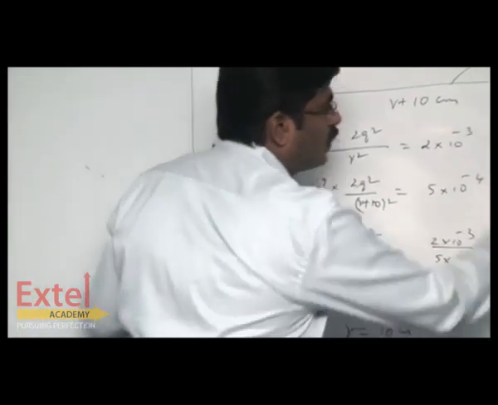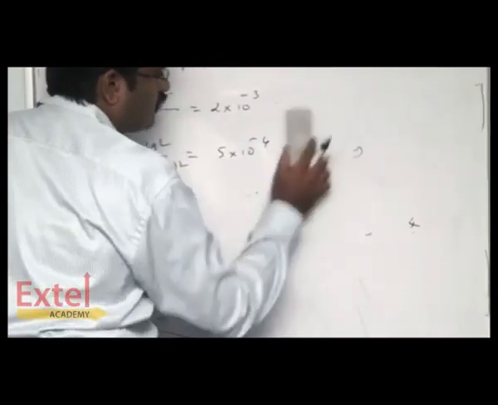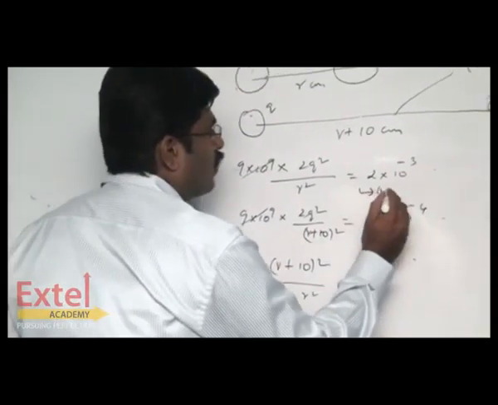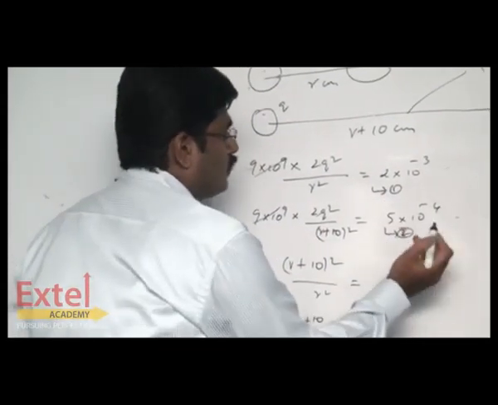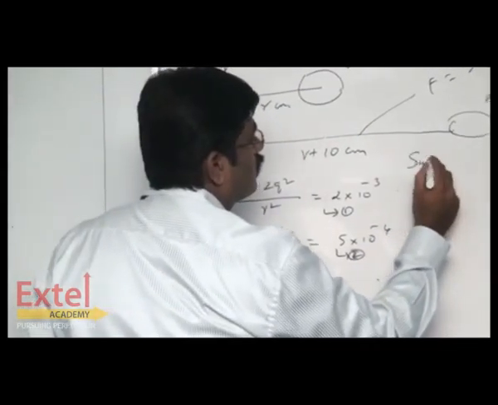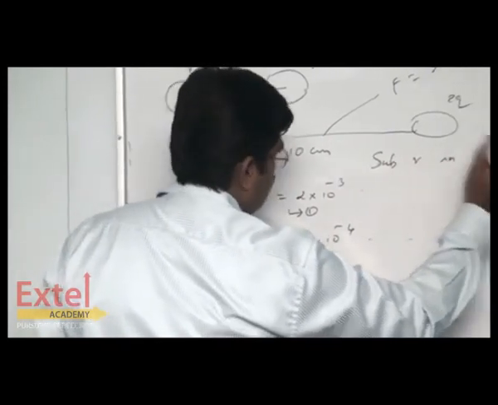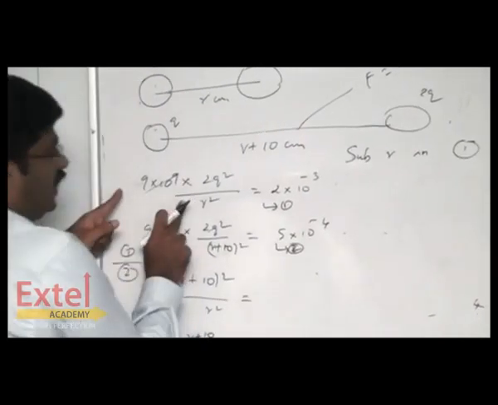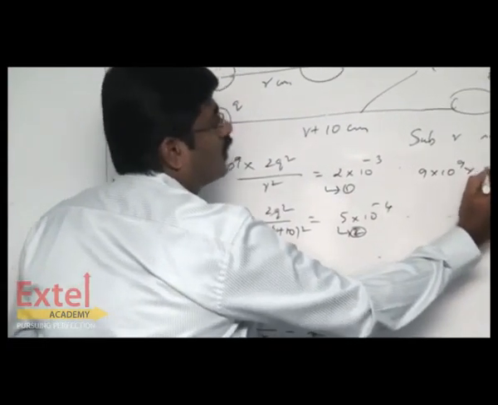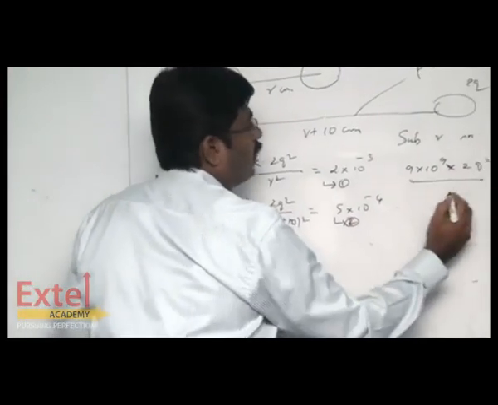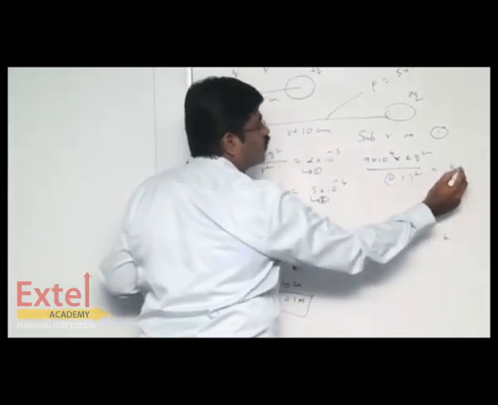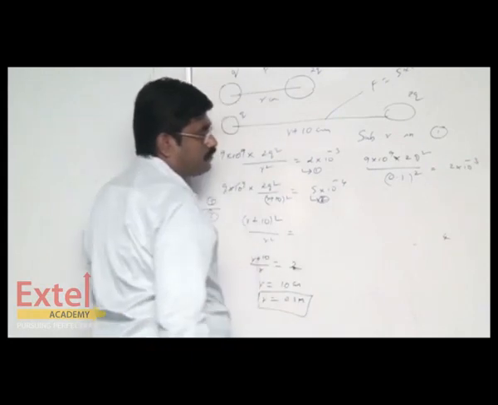Next, we are going to substitute that R in equation number 1. So this is equation number 1, this is equation number 2. Substituting R in 1, look at the expression: 9 into 10 to the power 9 into 2q squared by 0.1 squared, into 2 into 10 to the power minus 3.